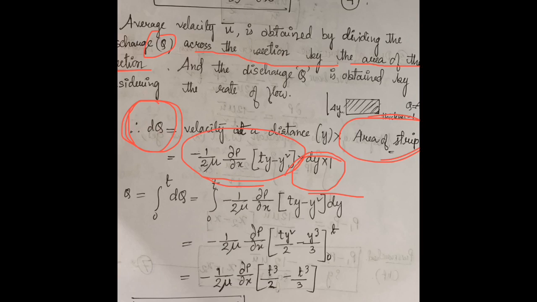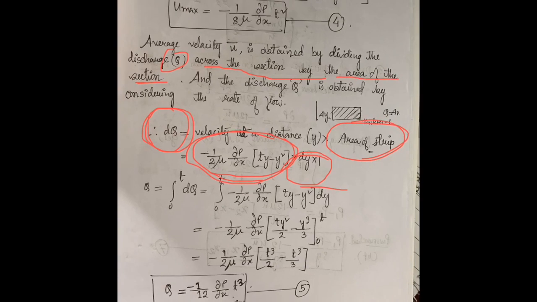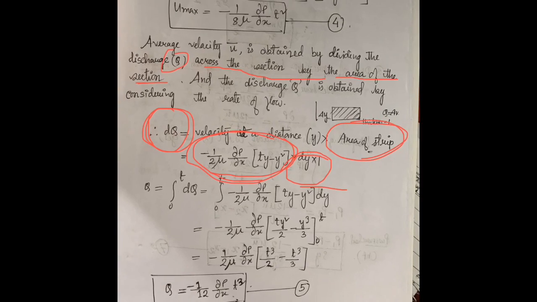After that, you integrate it from 0 to t, and after solving this, you will get q equal to minus 1 by 12 mu del p by del x t cube.